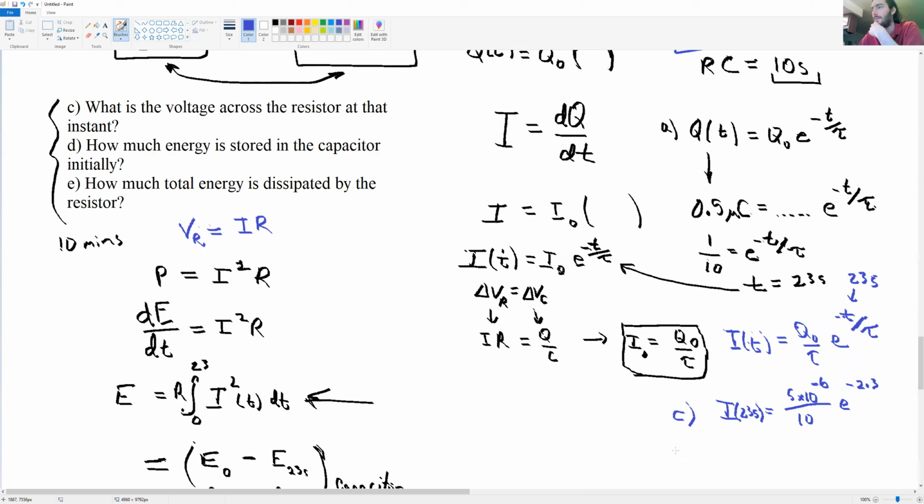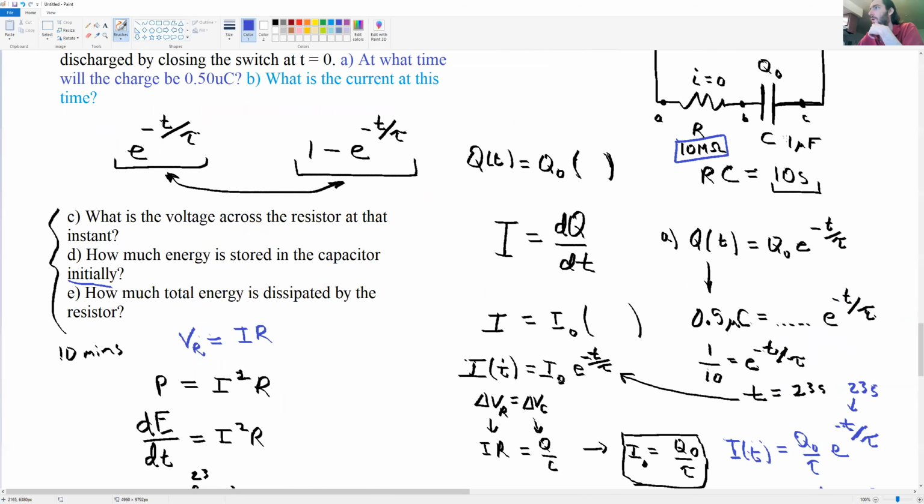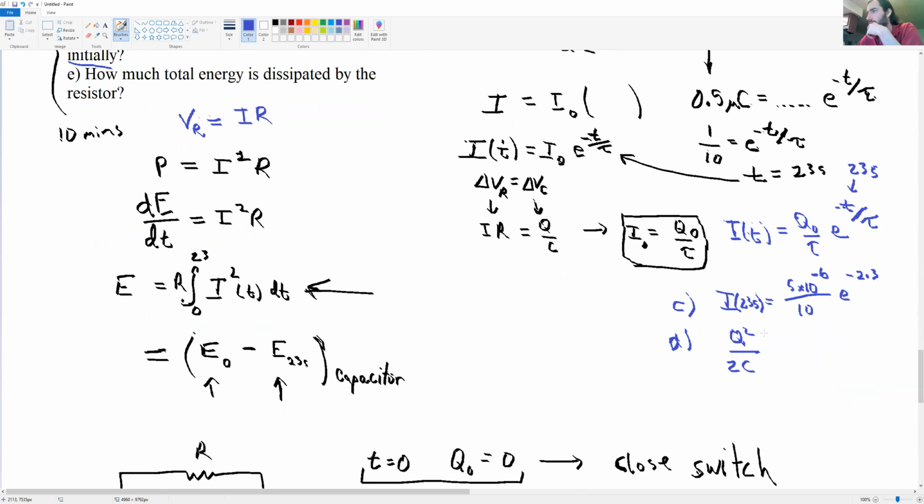For answer D, how much energy is stored in the capacitor? It says initially, so initially means you use the 5 microcoulombs, so that's just going to be Q squared over 2C. And C is 1 microfarad, as you can see right here. So Q is 5 times 10 to the minus 6, and we're going to square that.